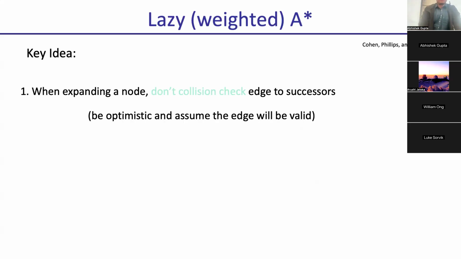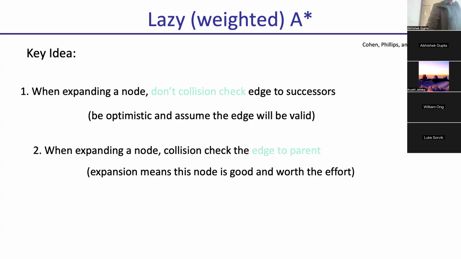But the idea behind lazy A star, lazy weighted A star, is when you're expanding a node, don't collision check the successors when you're adding a node. When you're expanding, let's say S, don't collision check SA, SB, and SC. Right, so you should just be optimistic and assume that everything is a valid edge.